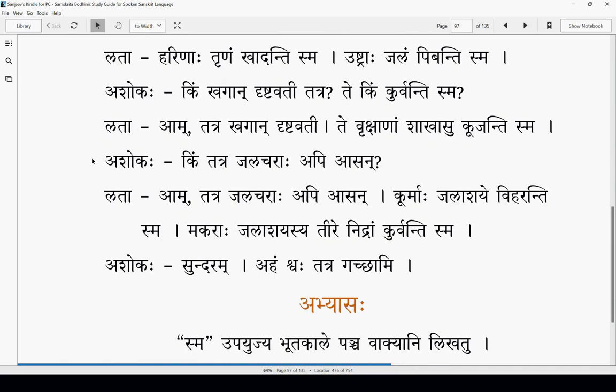So either we can say, Khagan drishtavati tatra kim, or kim is coming first here. Kim Khagan drishtavati tatra. Like that. Did you see the birds there? Not what birds.